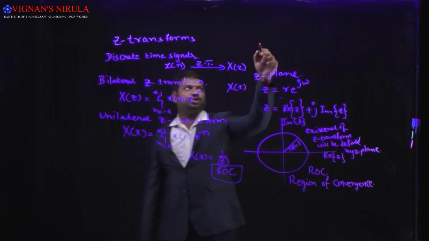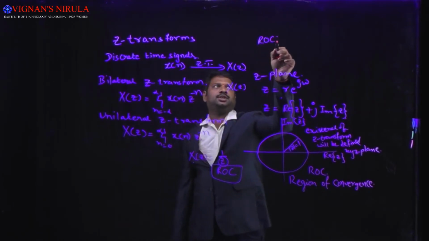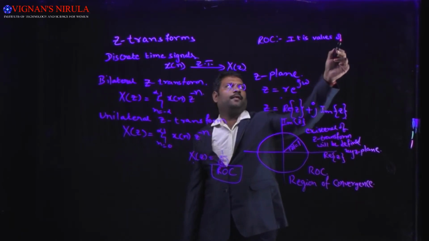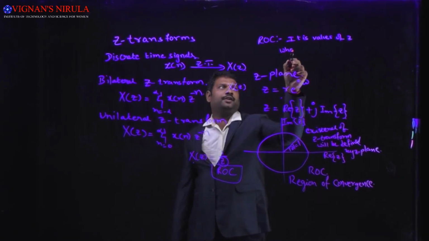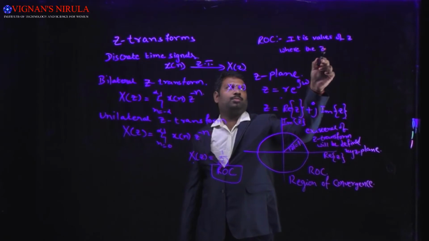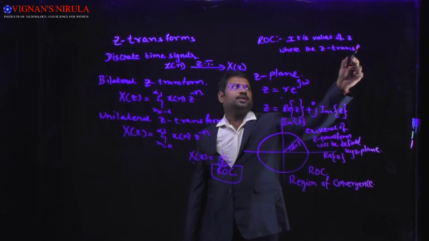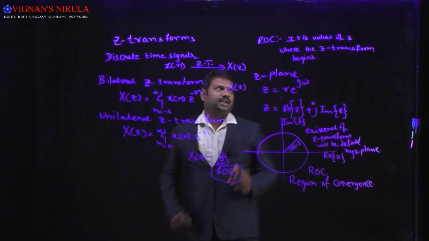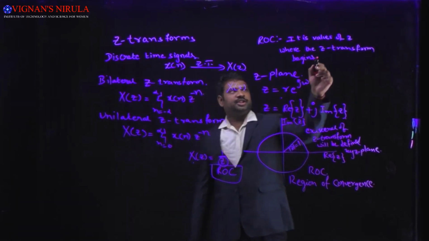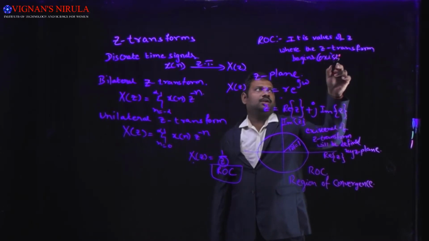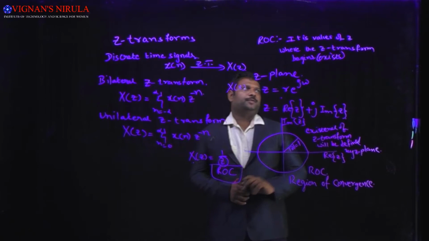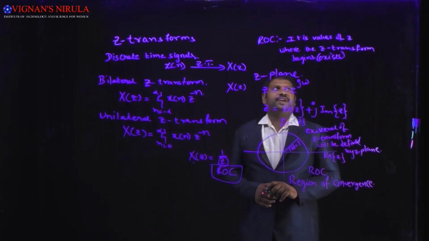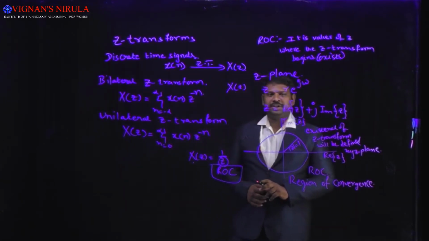That's why we write the region of convergence as ROC: it is the values of z where the Z transform exists.